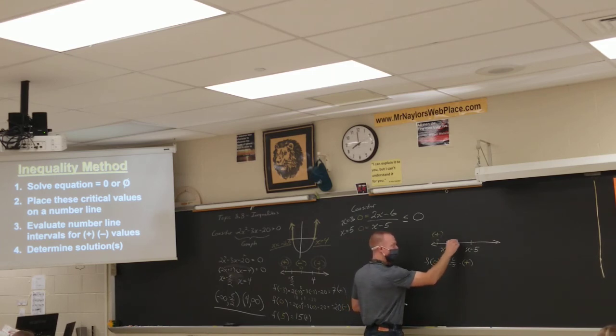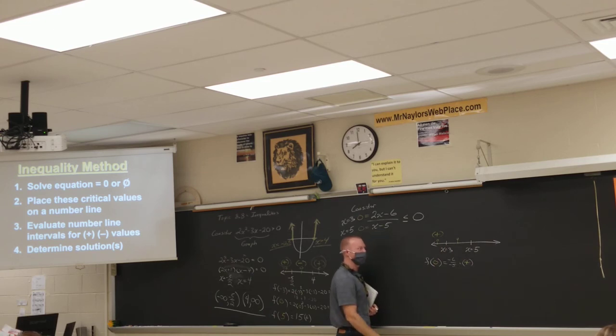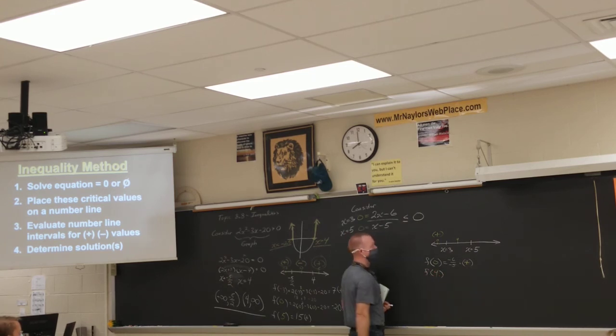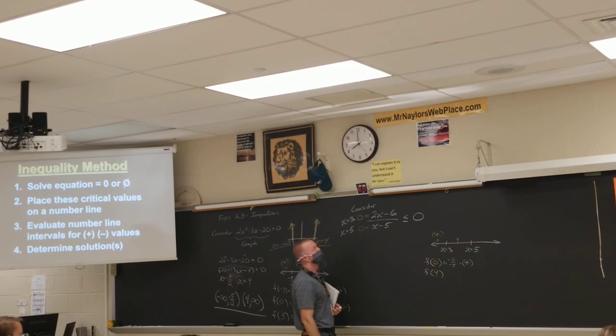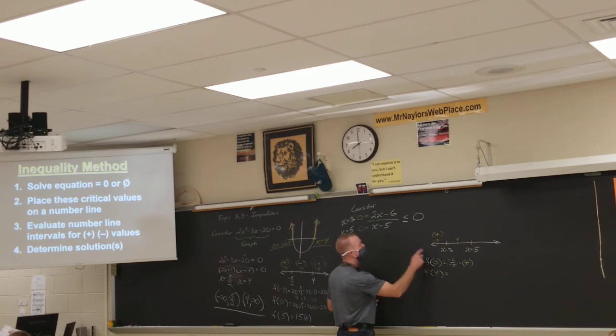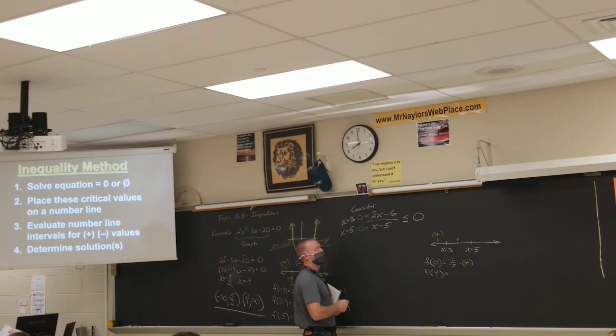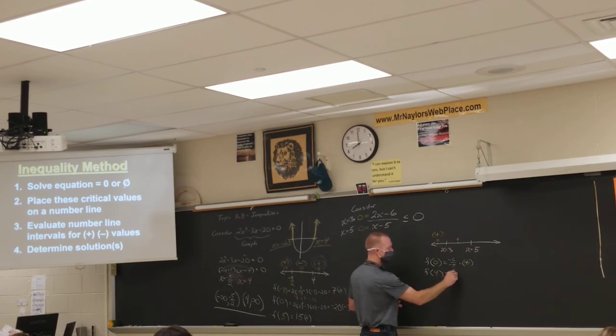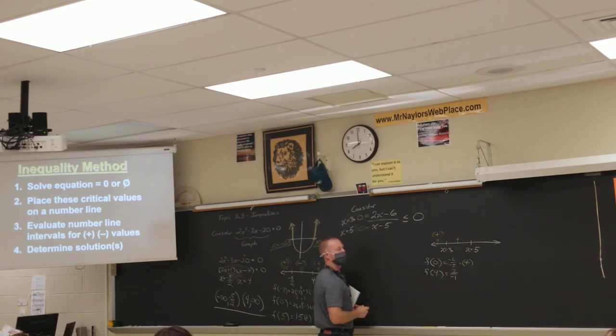So maybe you feel like you want to do a little bit of this on your own. I would suggest that you plug in 4. Make sure you're plugging into the entire fraction.